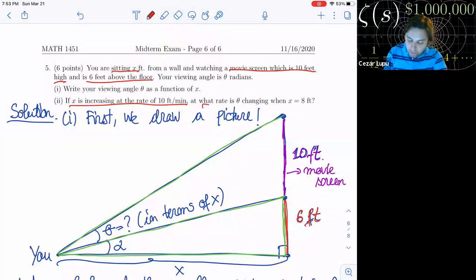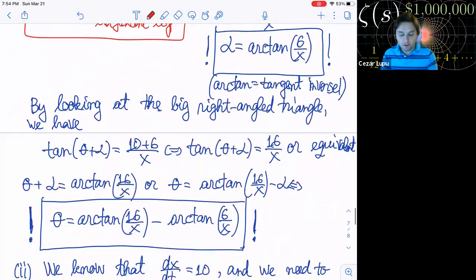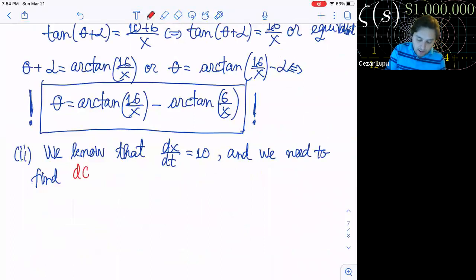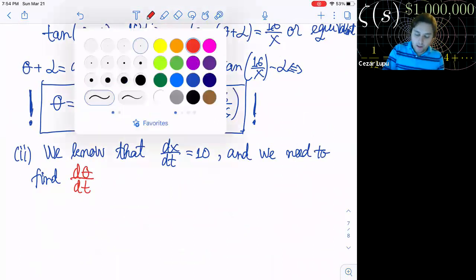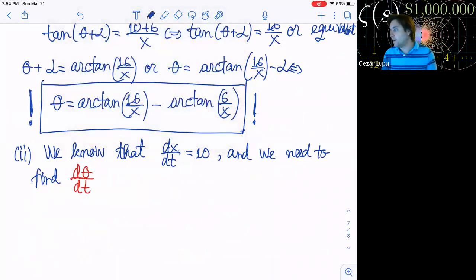When you see the words at what rate is theta changing, this means d theta over dt, at x equals 8. So we need to find d theta over dt when x equals 8 feet. All right, that's what we need to find.